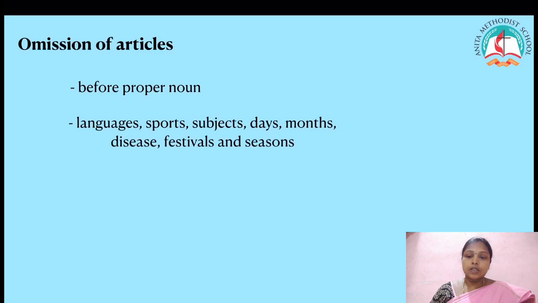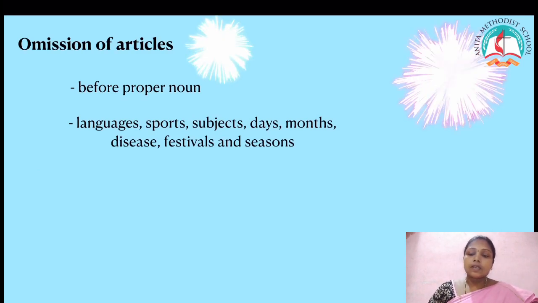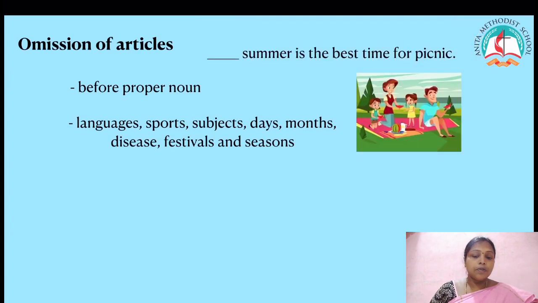Look at the first example: dash summer is the best time for picnic. Here, summer is a season. Before languages, sports, subjects, days, months, diseases, festivals and seasons, we should avoid articles. So here there is no article.